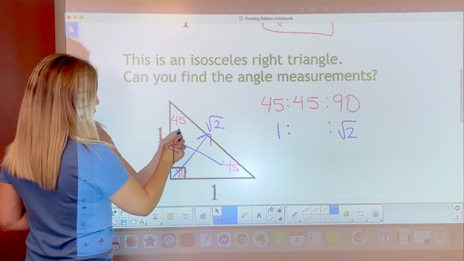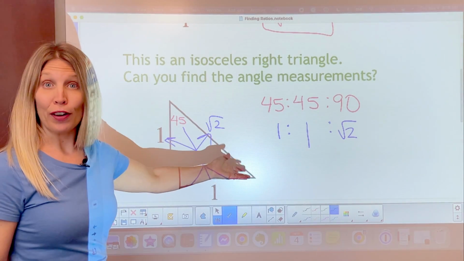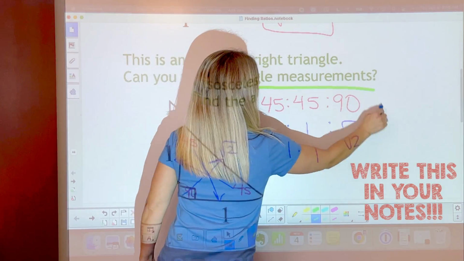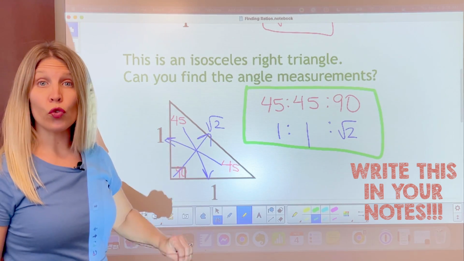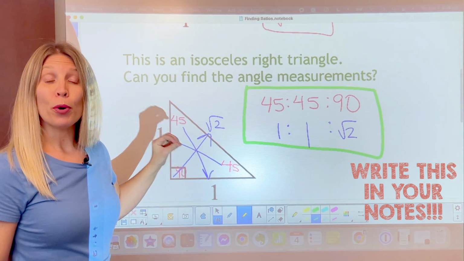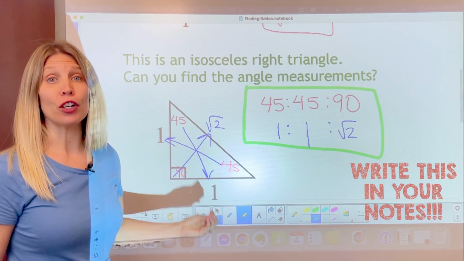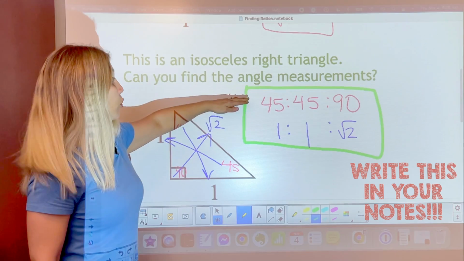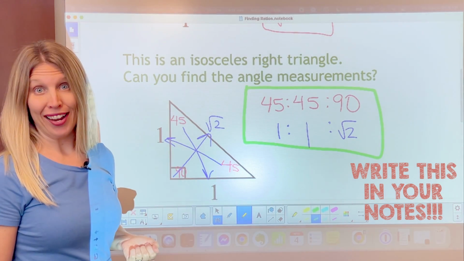And then, of course, 45 goes to the side of 1, which should make sense, since 45 and 45 are the same, their ratio sides are also going to be the same. This is super important. You will use these ratios over and over and over again. Put it on a colored sheet of paper, highlight it, put it in fun colors, whatever you need to do. This is your first set of degree ratios to the side lengths that you need to have memorized.